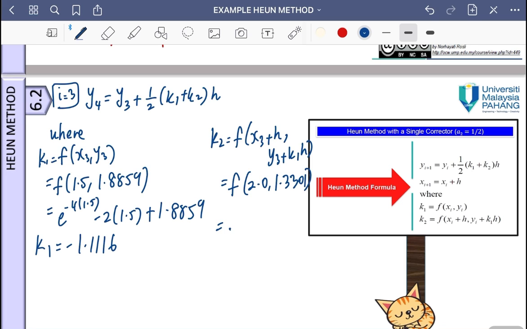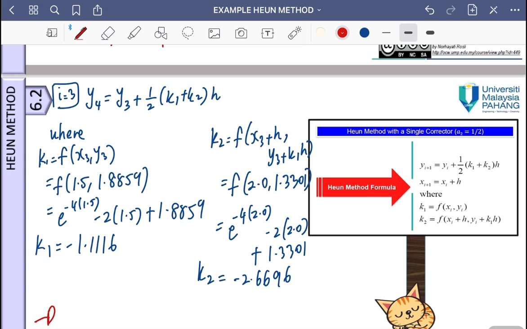Now we substitute into the equation, e to the power of negative 4 times x, minus 2 times x, plus our y, 1.3301. If you calculate this, you may get your second slope as negative 2.6696.